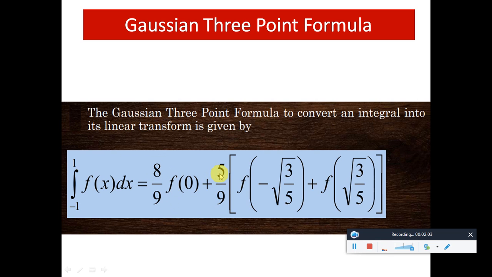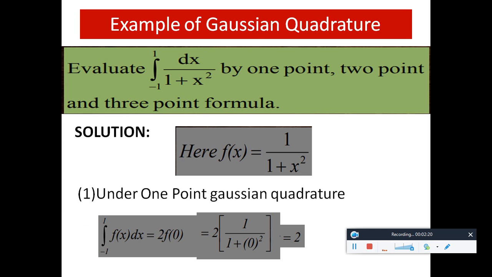The weights of x1 and x3, that is c1 and c3, would be 5 by 9. Just by looking at this formula, we may get a little confused. We will solve a problem so that you can clearly understand the concept.